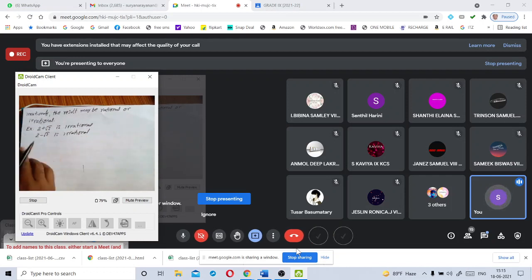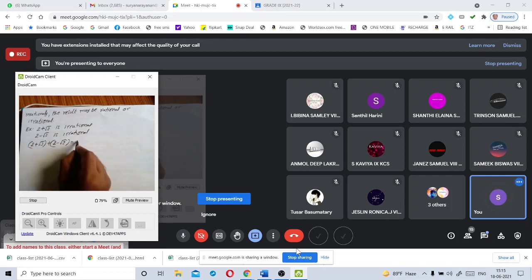If you are adding these two irrationals, 2 plus root 3 plus 2 minus root 3, let us see what is the result we get here.